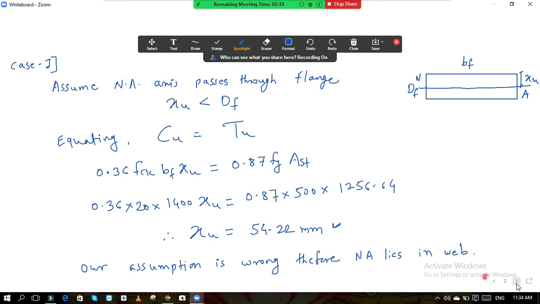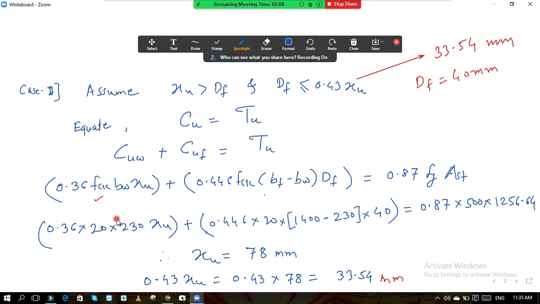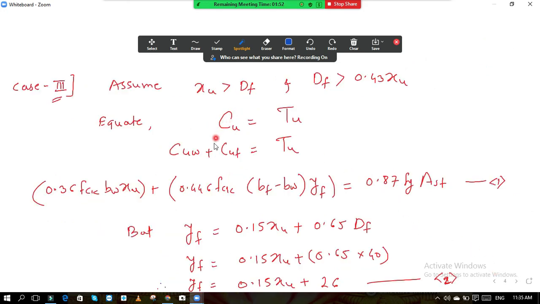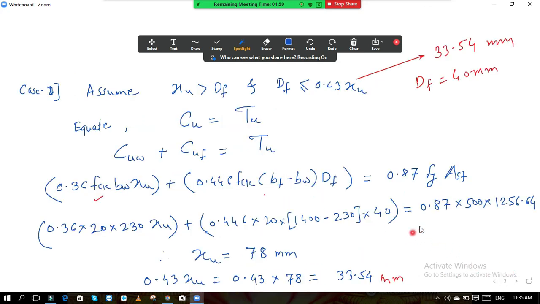Next thing will be, if your first assumption is wrong and your second assumption gets satisfied, then this is the formula which I have already told you. In this formula you only multiply by the lever arm.